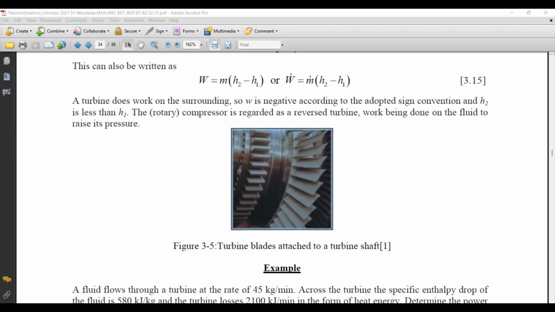Out. In. And there is a work done. Flow in, flow out.